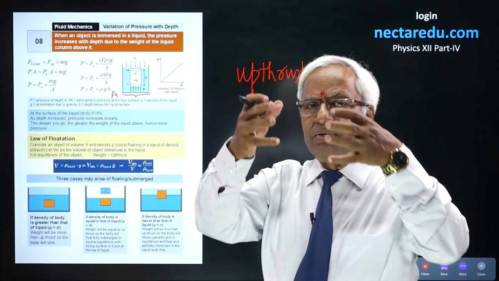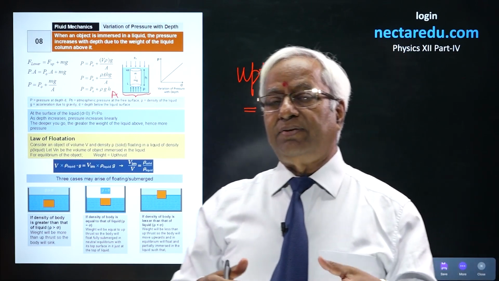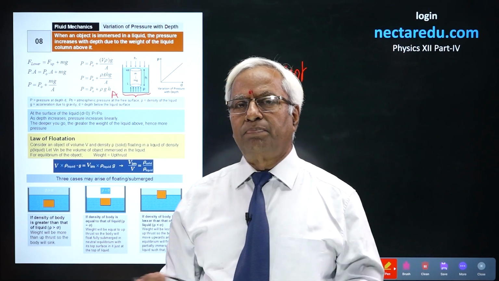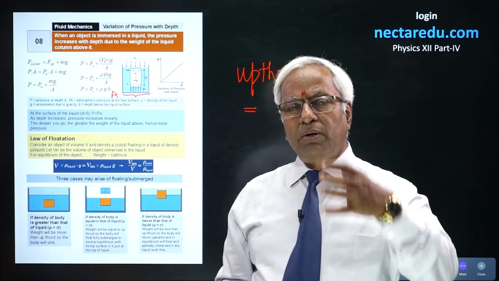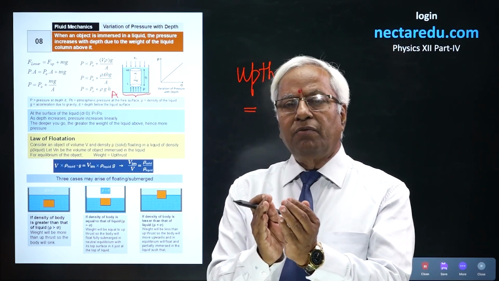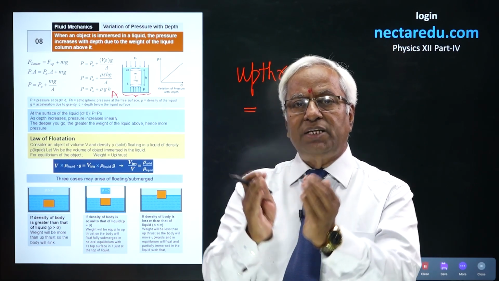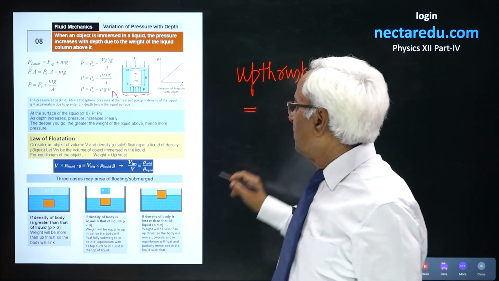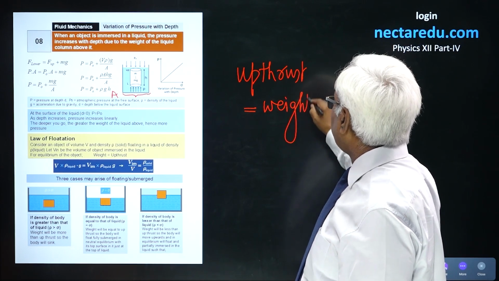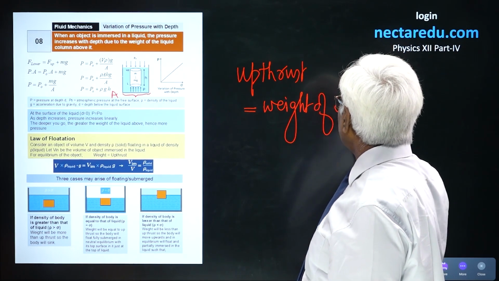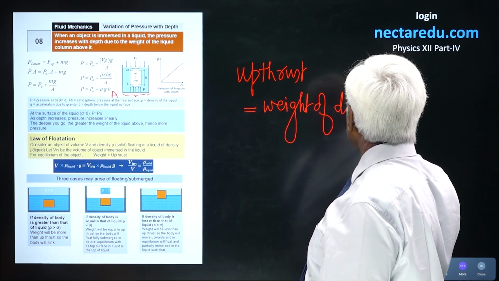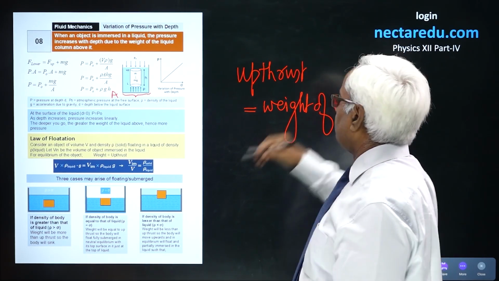When the body is immersed in the fluid, when I say fluid, I mean liquids and gases both. This is applicable to both. When the body is immersed inside the fluid, the weight of displaced fluid, I'll repeat, the weight of displaced fluid is equal to the upthrust.